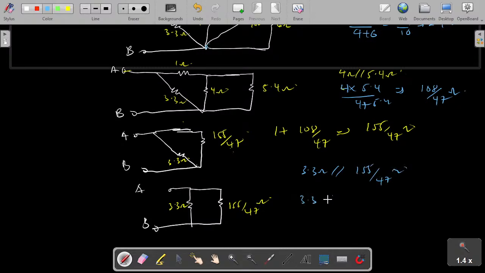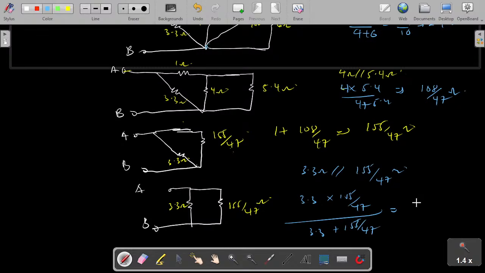So 3.3 times 155 over 47 all over 3.3 plus 155 over 47. What are you getting? So this is a long one. 3.3 times 155 over 47, over 3.3 plus 155 over 47.